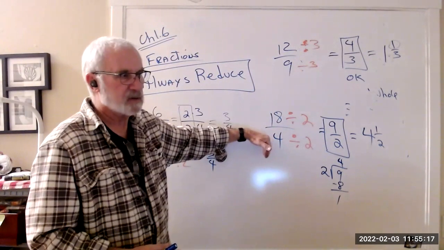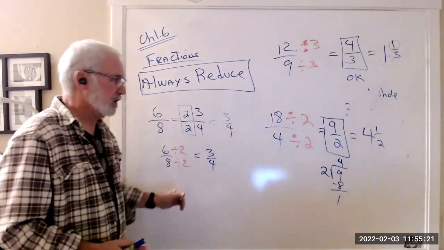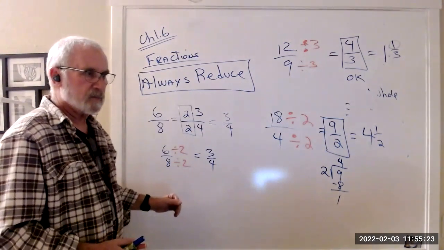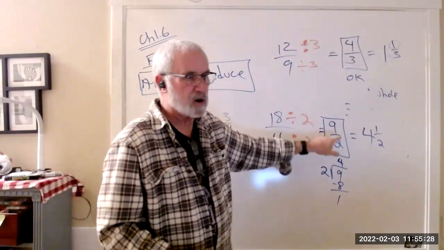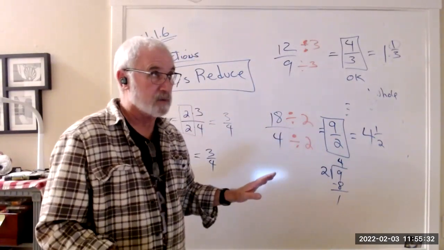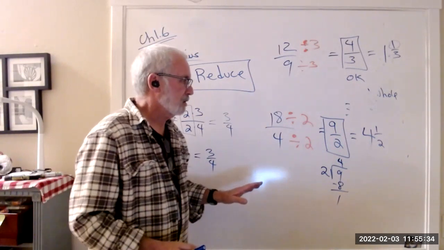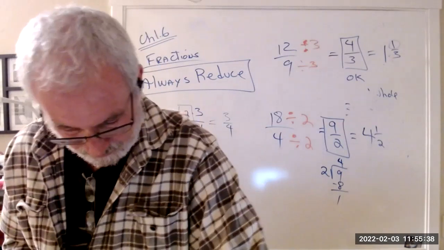Always it's got to be the same amount. And you can leave your fractions top heavy or improper. Fine with me. And I'm pretty sure it's fine with Mom. Okay, I can't recall if there's an issue with that.